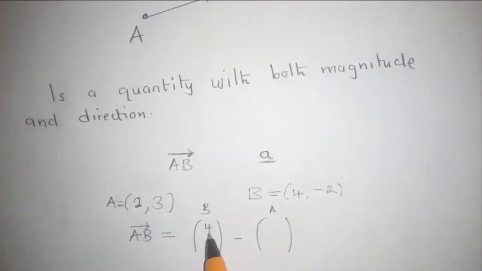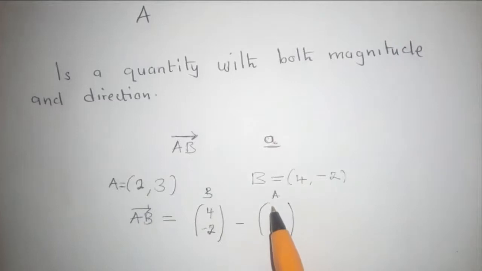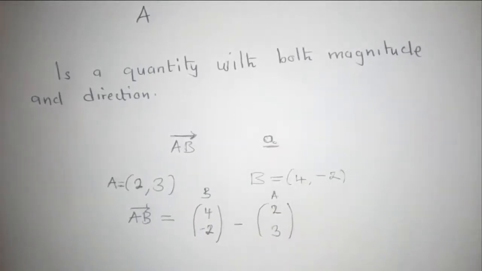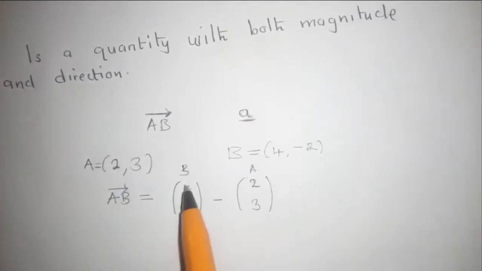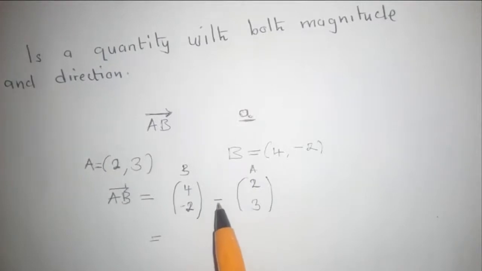We have 4 over there and -2. So this is in a column form. This also, we put this point in a column form, it will be 2, 3. So I've just put these in column forms. You can see column. So now you can start subtracting the corresponding points.